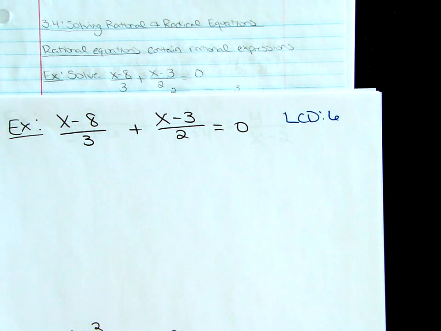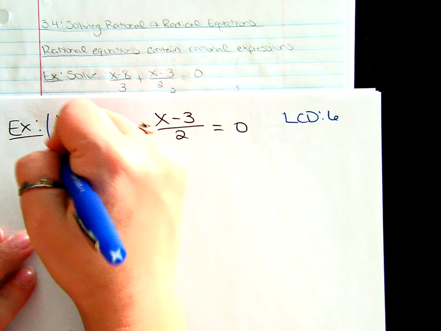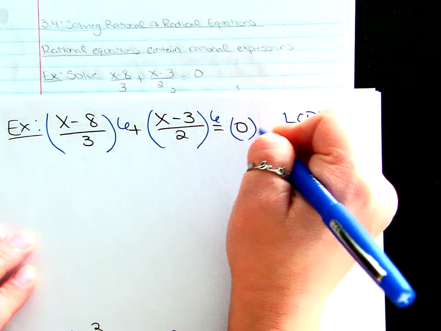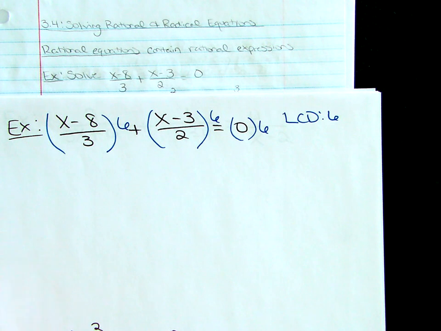So what I'm going to do is multiply every single thing by 6. Now, if you look at that, it says I have 6 times x minus 8. You're like, okay, I need to distribute. But then if you distribute, you still have a fraction. And so this is where I do my simplifying on the front end.